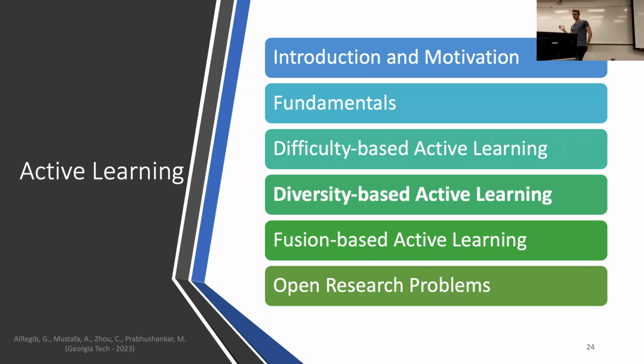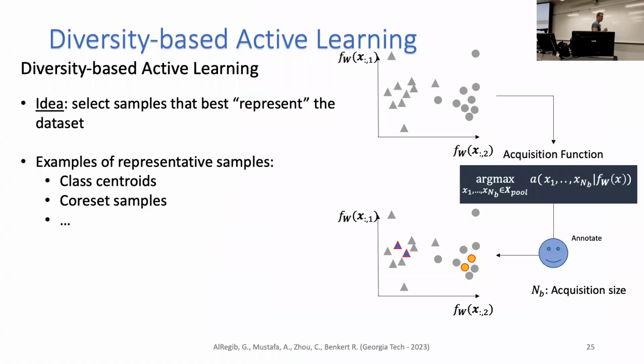Okay, that brings me to the next piece, which is diversity-based approaches. So we just talked about difficulty, the ones that are most difficult to generalize to. Now we can think about a different way of how we can define informativeness. Namely, the ones that are most representative of the data set, the ones that represent the structure of this data set the most. If we think about our representation up here, think about something like class centroids.